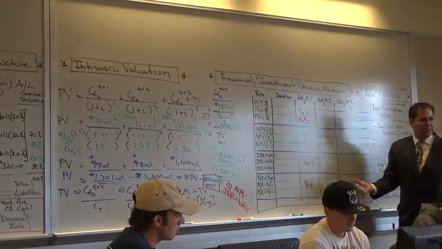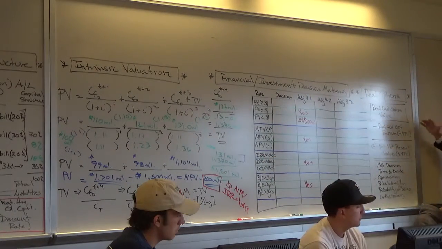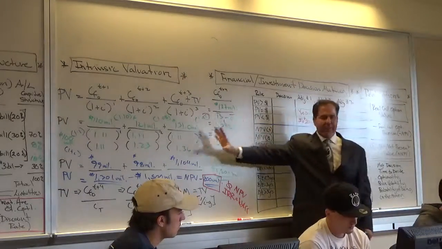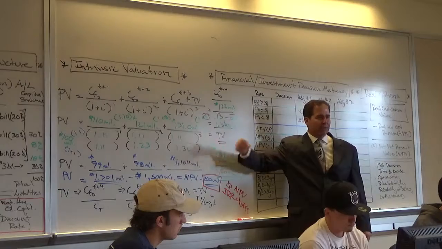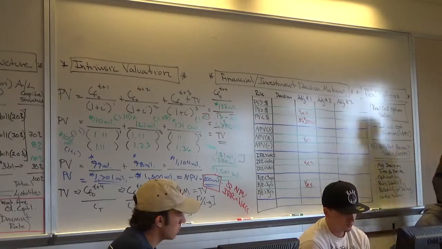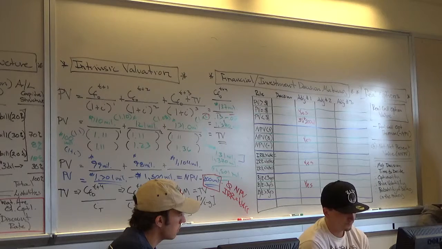So we had to innovate and go to option theory to tack on to the standard financial analysis methodology, to create a robust approach that gives us better insights into financial decision making.